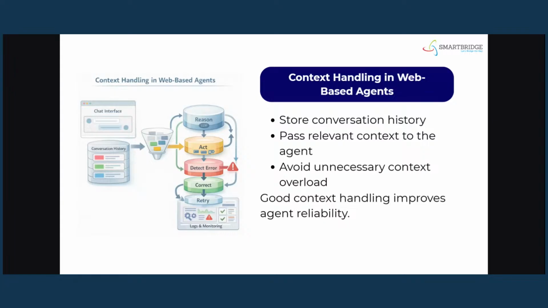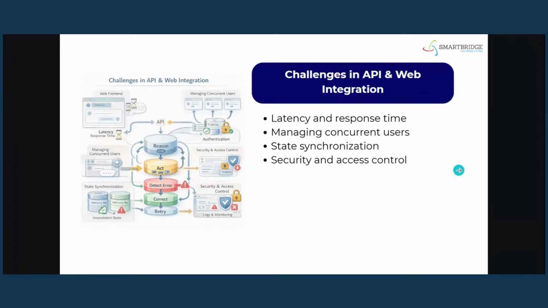When context handling is done well, the user feels understood. Context is not automatic, it must be designed thoughtfully. The quality of context handling often determines whether users trust an AI system or abandon it. Okay, let's move to the next slide.